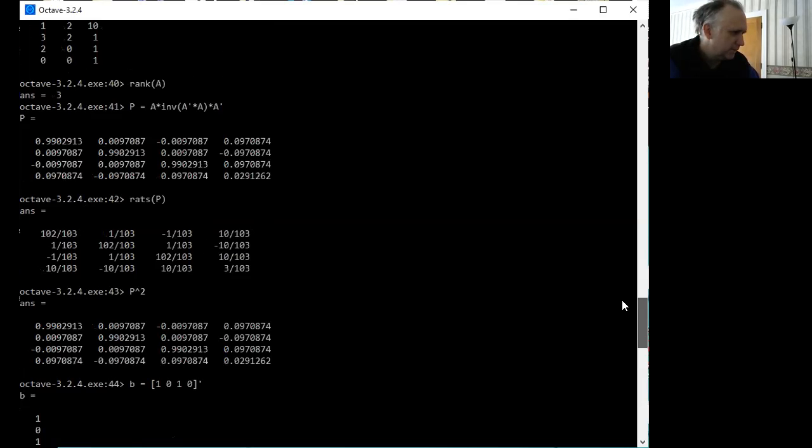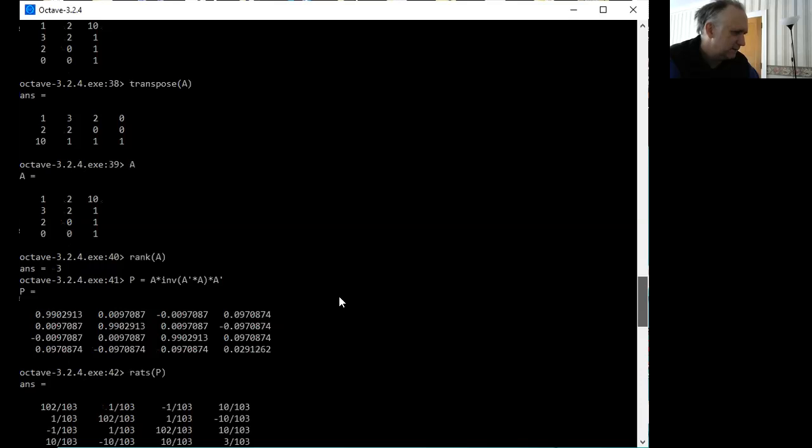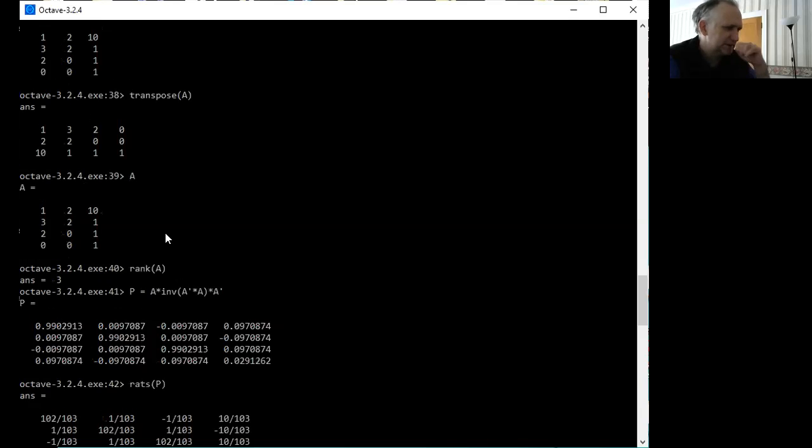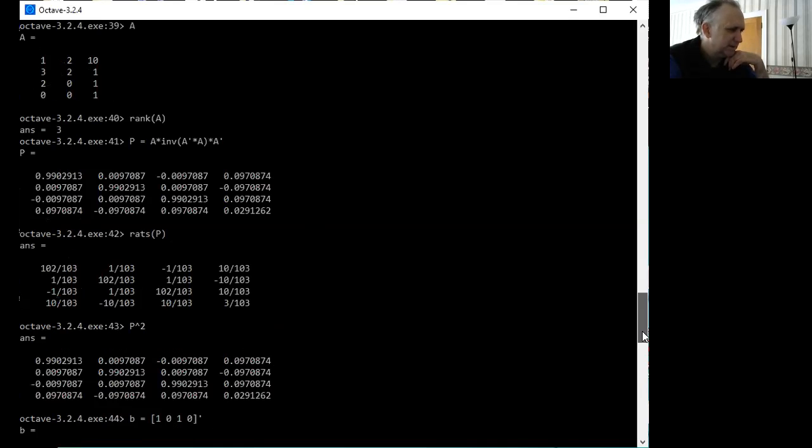Where do we start here? A is this matrix. It's reasonable. It's like something I would have on the homework. You're trying to solve AX equals B. B was 1, 0, 1, 0. Not in the column space, so we need the least squares solution. So it's very reasonable.